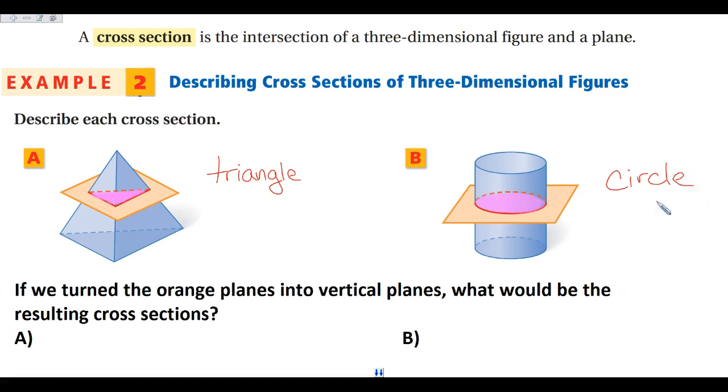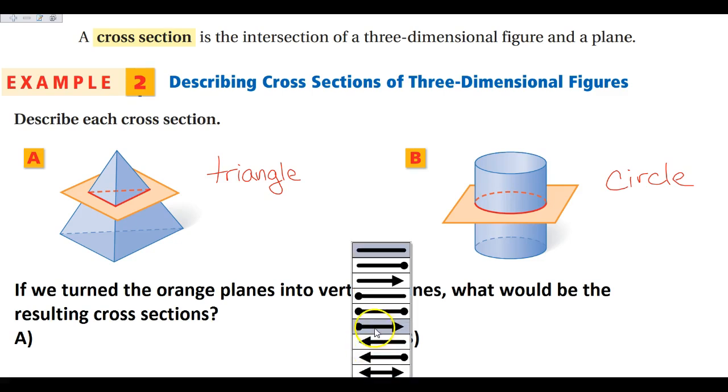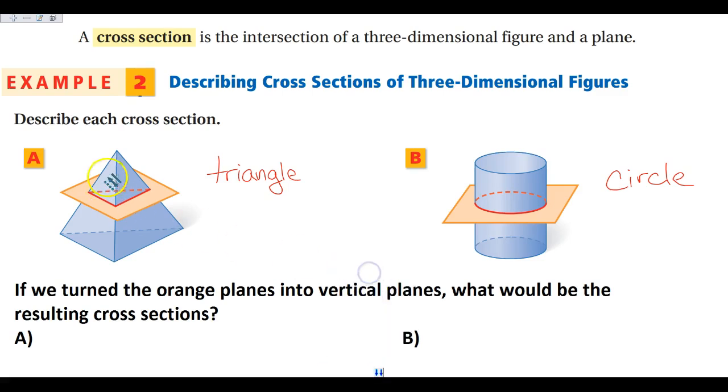The next thing I want to know is, instead of these planes slicing our figure horizontally, what would happen if I sliced them vertically. I am going to slice my figure straight down the center, from the point straight down to the sides.